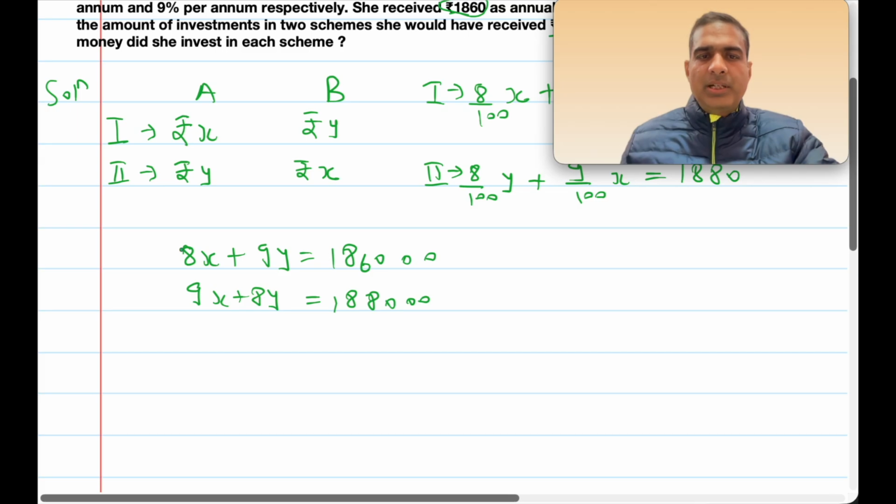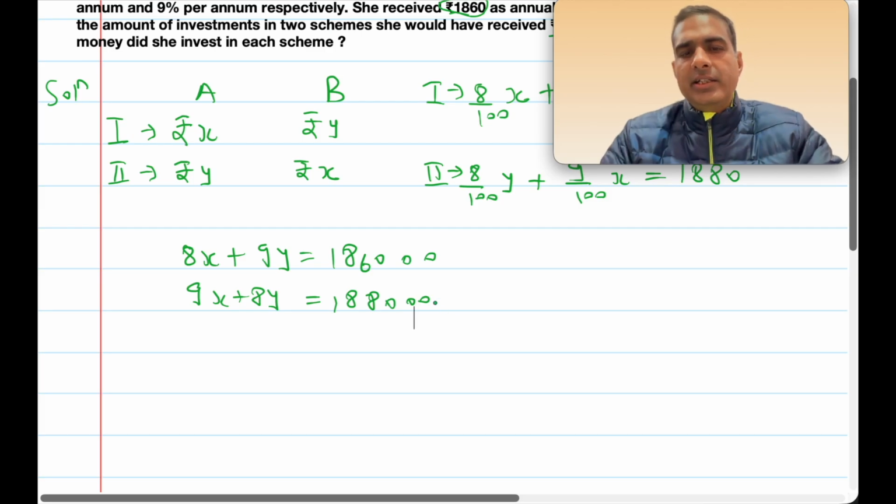Now we can make the coefficients of x or y equal in both the equations by multiplying by 8 or 9 to both the equations, and we can eliminate one variable and find out the corresponding value of the second variable. But here we can use an interesting method because the coefficients are of quite a good nature in these equations.